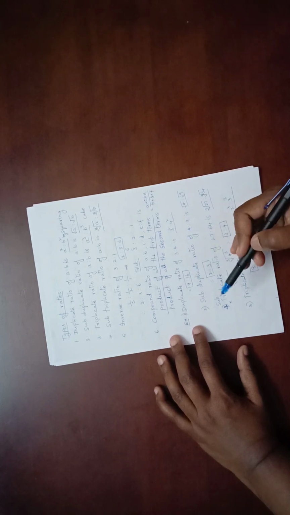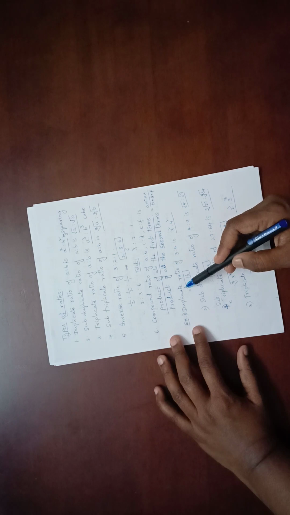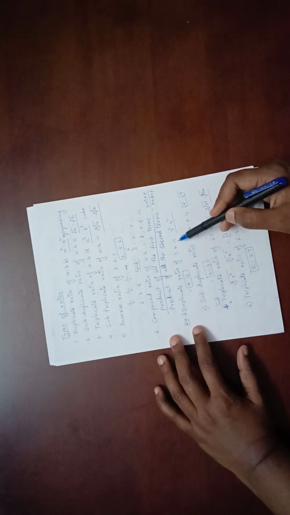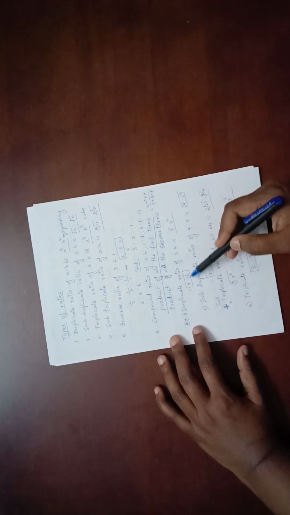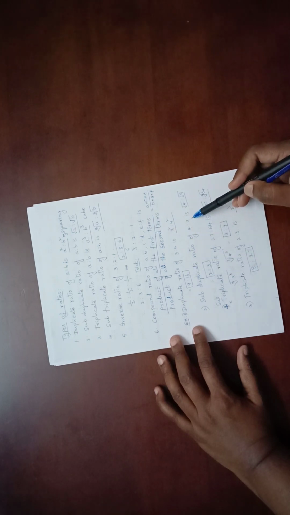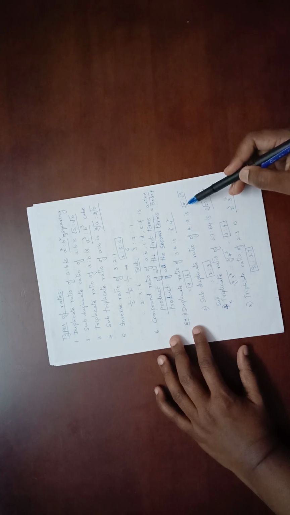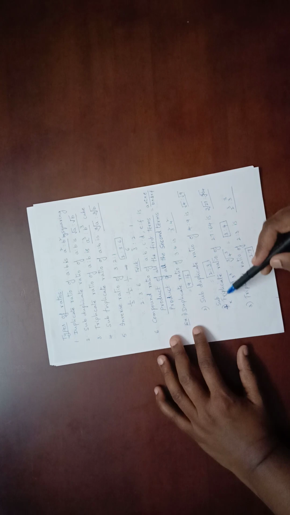So we see some examples. What is the duplicate ratio of 3 is to 4? It is 3 square is to 4 square, that is 9 is to 16. The subduplicate ratio of 4 is to 9: we take the square root, square root of 4 is to square root of 9, that is 2 is to 3.